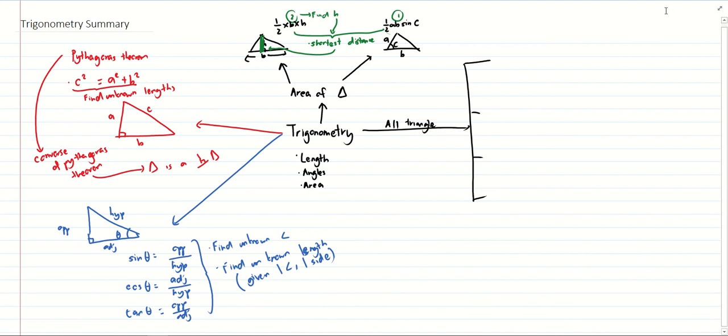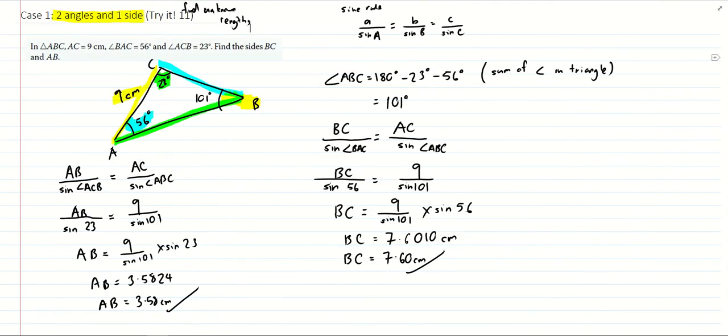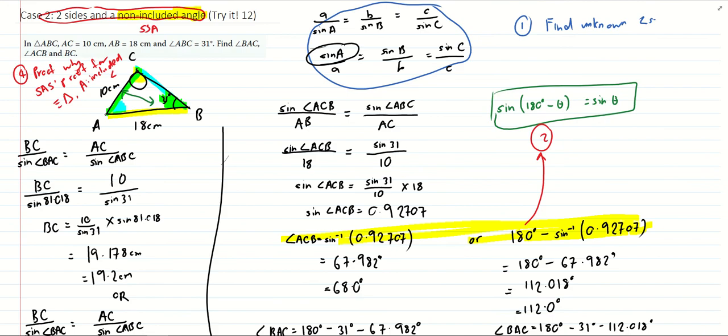The first two cases are for the sine rule, when I have two angles and one side, or two sides and a non-included angle.